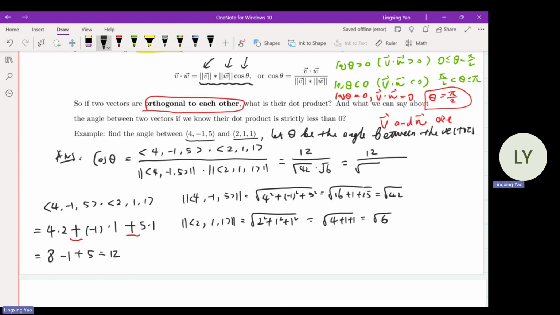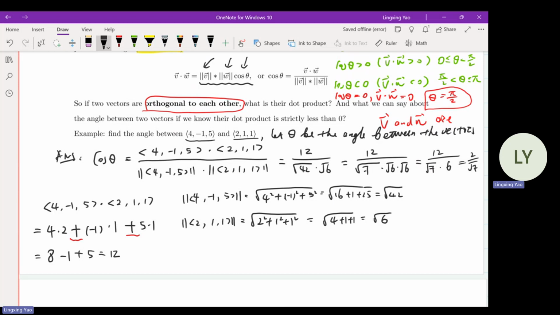The square root of 42 is the square root of 6 times 7, so this is 12 divided by the square root of 7 times 6 times 6. Actually 12 over 6 is 2, so we get 2 over the square root of 7. This is what we have.